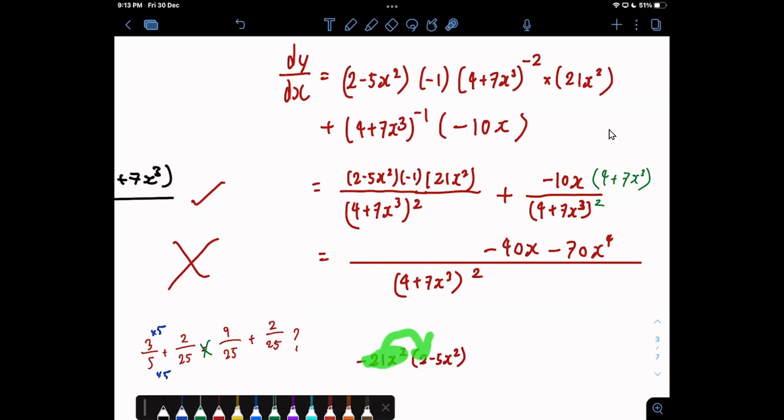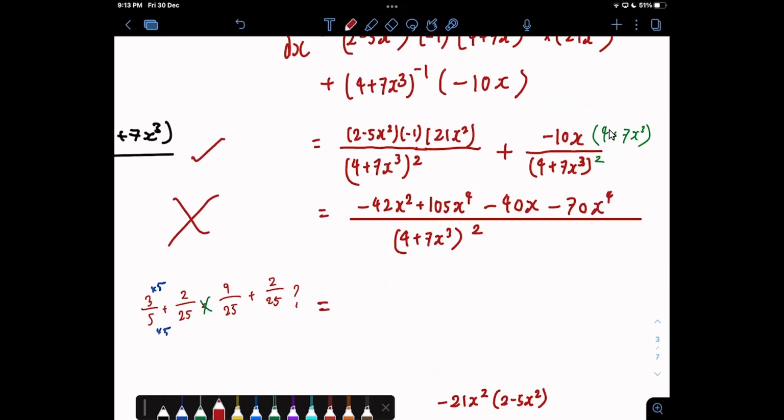Negative 21x squared times 2 is negative 42x squared. Negative times negative is a positive. 21 times 5 is 105. X squared times x squared, x power 4. Okay, good. Clean up. 105 minus 70 is 35. All right, so we end up with 35x power 4. Then anything else to clean up?